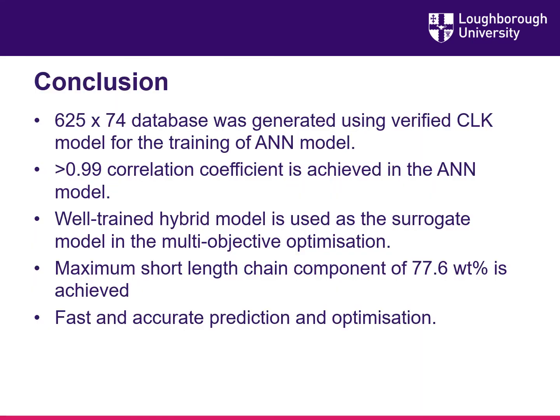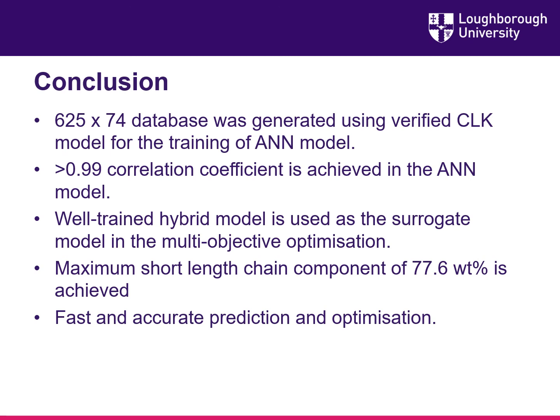So, in the conclusion, I would like to summarize all the work and the result. This study proposed the idea of using a hybrid model as a surrogate model in the multi-objective optimization. Initially, we used a verified continuum lumping kinetics model to generate a 625 times 74 database. And this data is then used as training data in the ANN model.